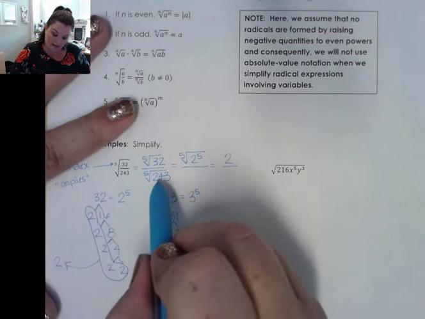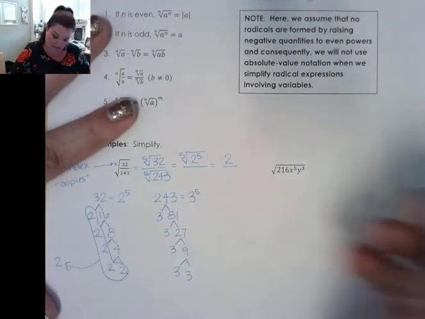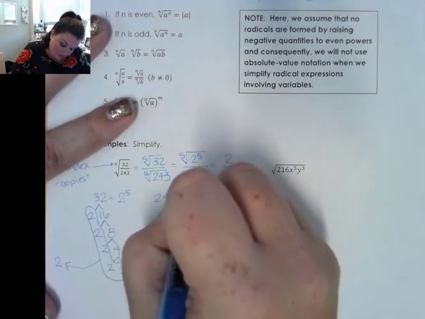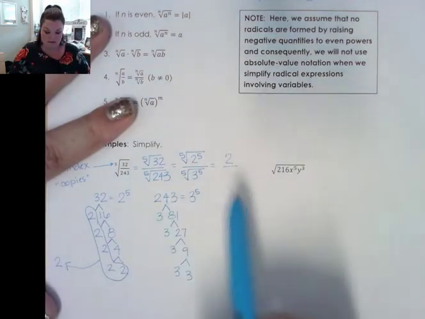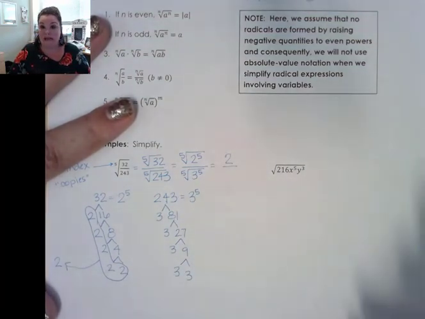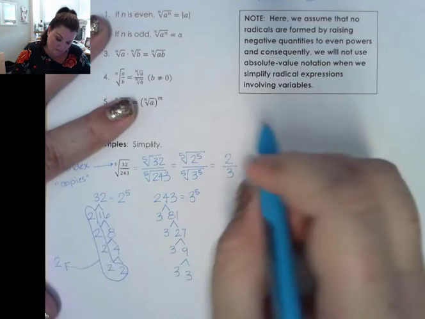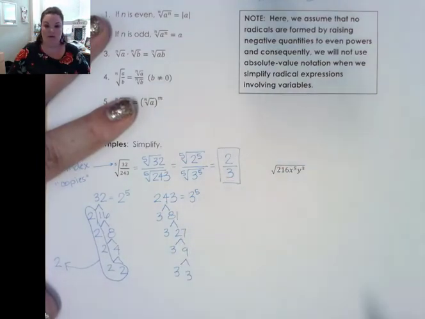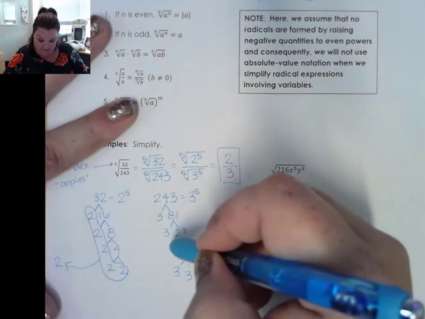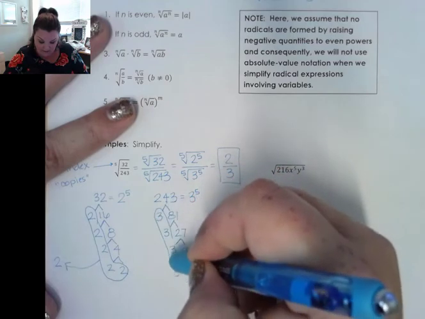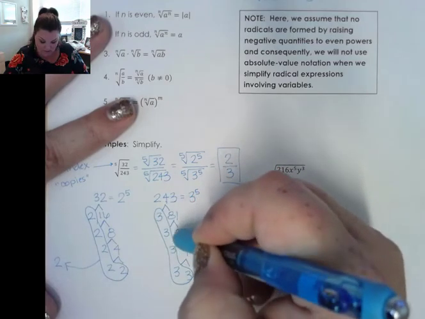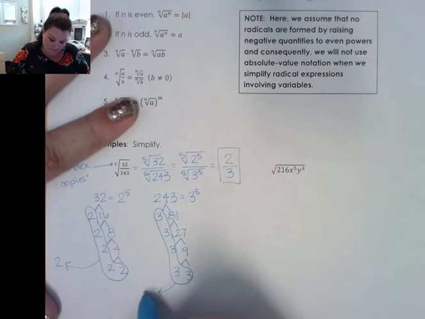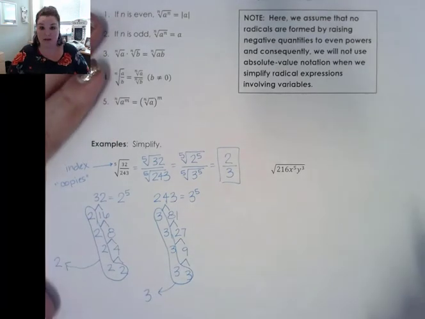So I can rewrite the 5th root of 243 as the 5th root of 3 to the 5th, and then the 5th power and the 5th root cancel, right? So this just becomes 2/3. Okay, or if you think of it in terms of copies, again, it takes 5 copies in this case to bring out a number, and I had 5 copies of a 3, which means I can bring a 3 out.